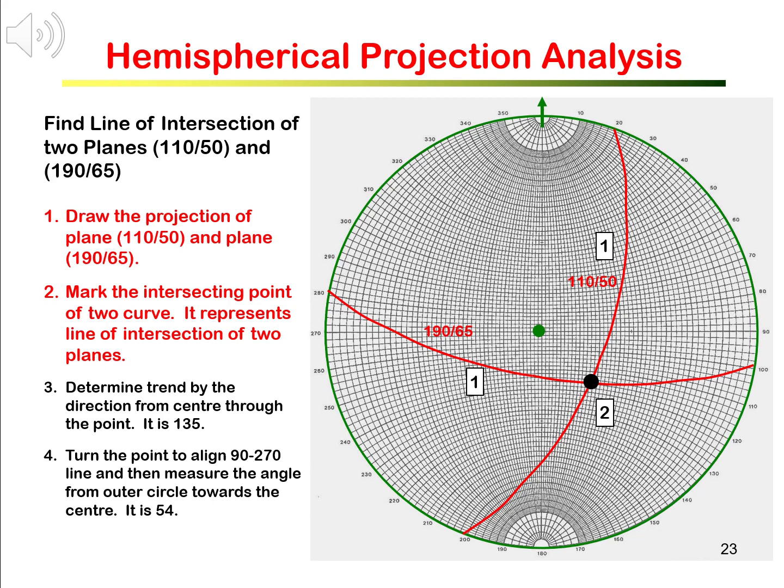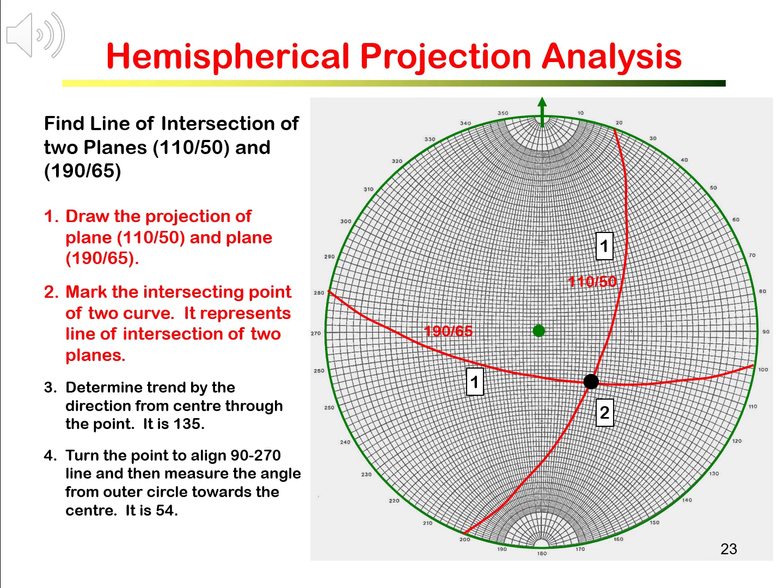Since we are already familiar with the projection of the planes and the lines, you can easily do step 1. Join the projections of plane 110 over 50 and the plane 190 over 65. They are the two arcs showing on the drawing on the right.